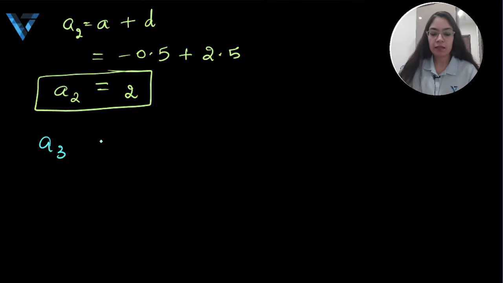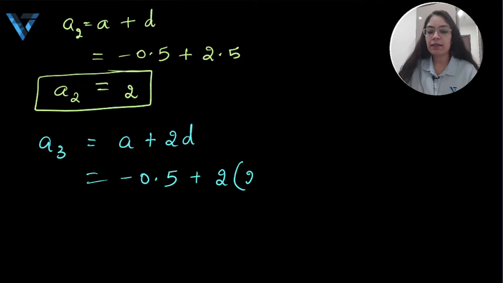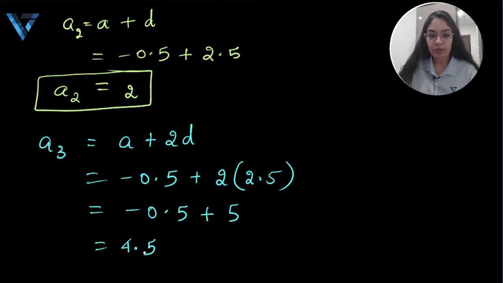A3 equals A plus 2D. A's value is minus 0.5 plus 2 into 2.5, which is 5. So this equals 4.5. A3 equals 4.5.